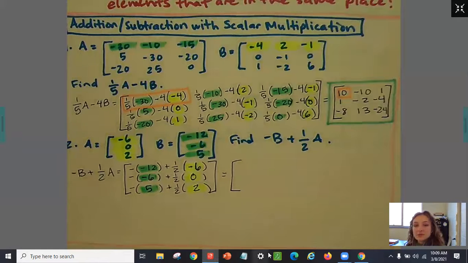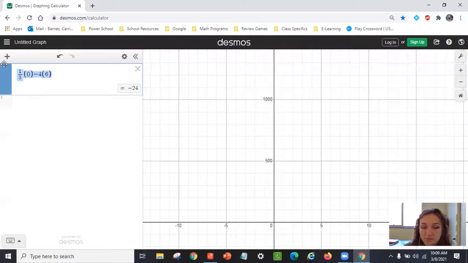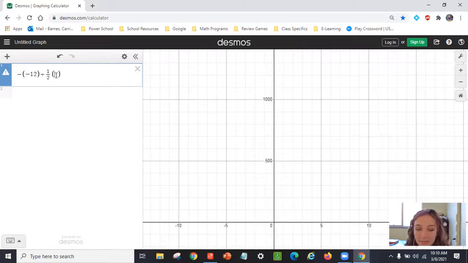Okay, so let's just go type this into Desmos, and you could also do this in a graphing calculator. It's going to be negative times something, and then plus 1/2 times something else. The first one is using negative 12 and negative 6. Okay, so that's going to give us 9.